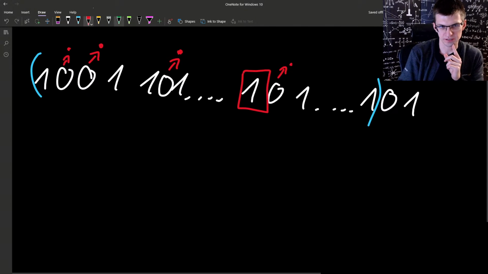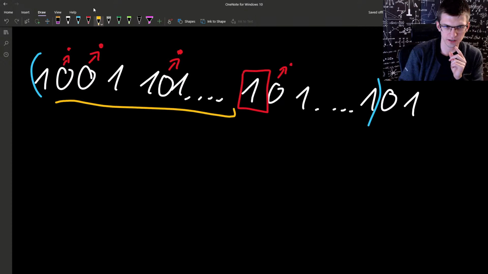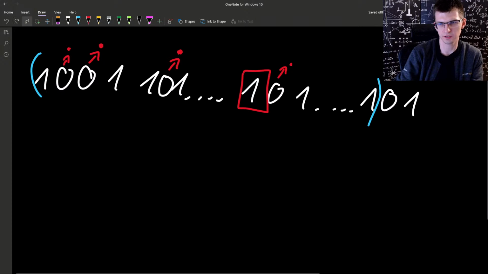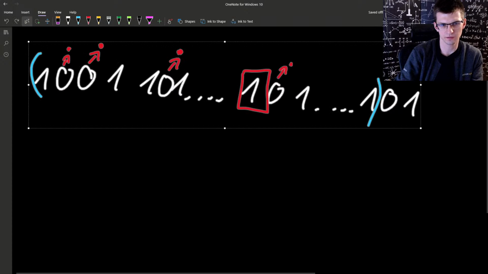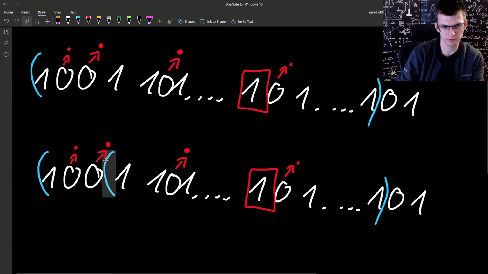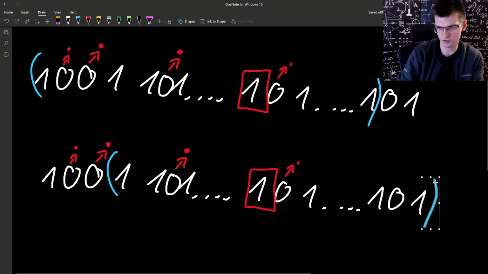Now the claim is all zeros on the left of the old meeting point get -1 because we get rid of this one. Maybe this is better. Copy paste. Now we move the interval to here.